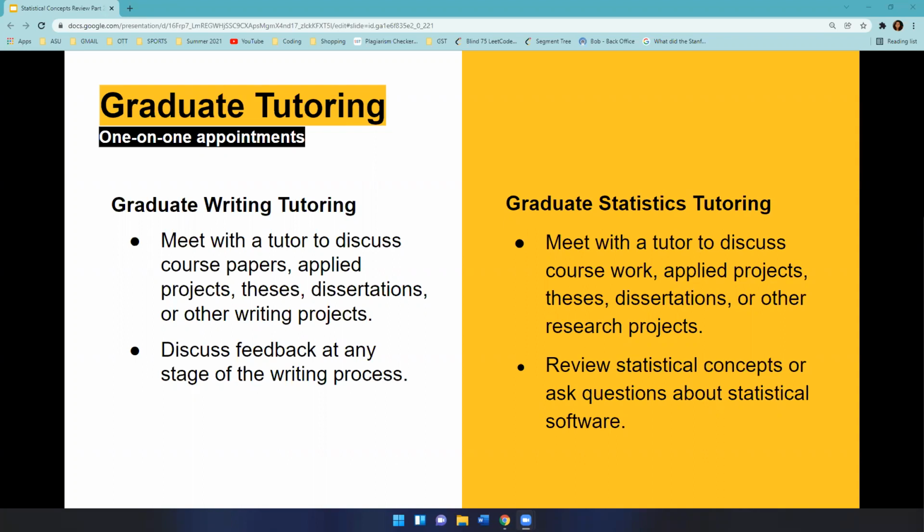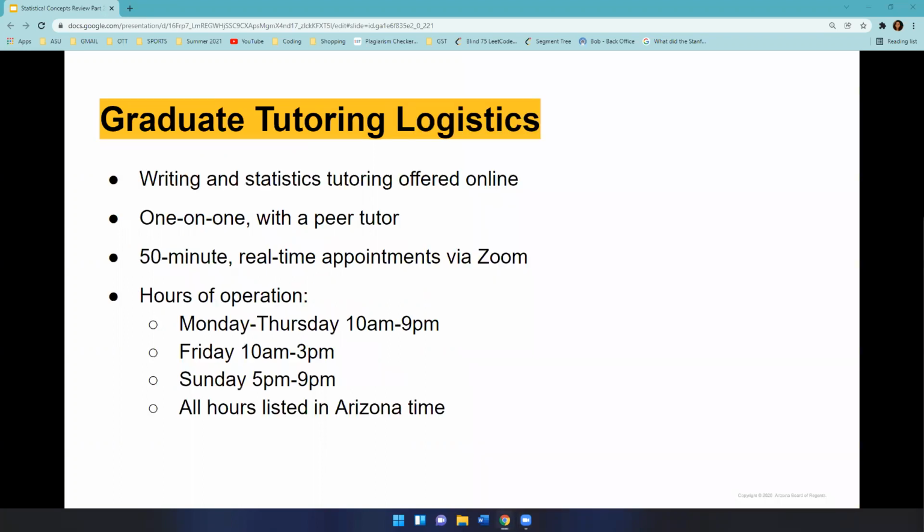So if there is any concept that we went over today that was unclear or that you want your questions answered on, you can schedule an appointment with any one of our grad stats tutors, and they can meet with you. All of these appointments are one-on-one, and you can go over statistical concepts or stats software.